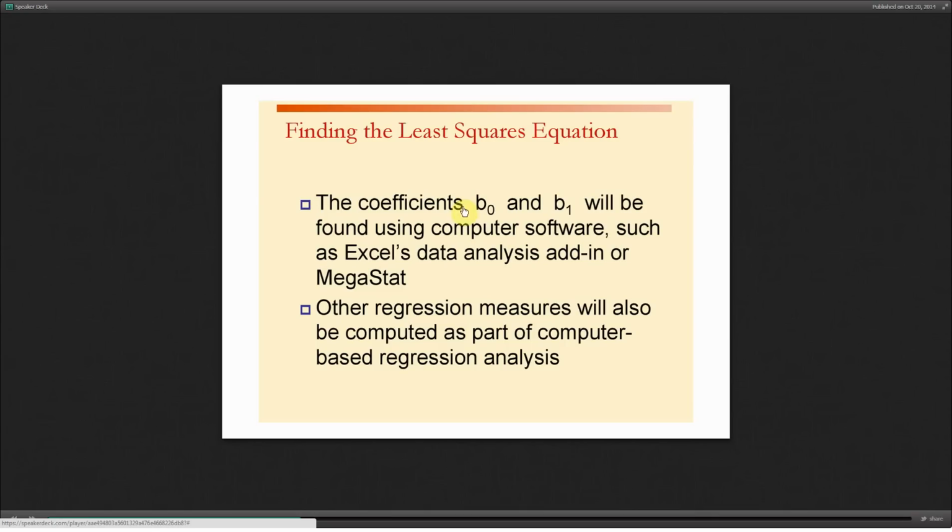And look at the total error. And so the least squares would say find a b0 and a b1 so that the sum of those squares of the errors is as small as possible. So that's why it's called least squares. It looks for the least sum of the squares of the errors that I get for b0 and b1.